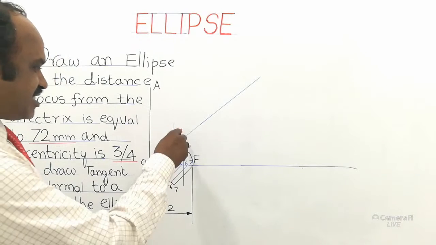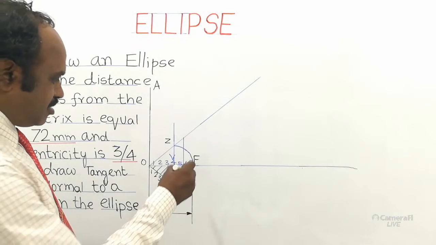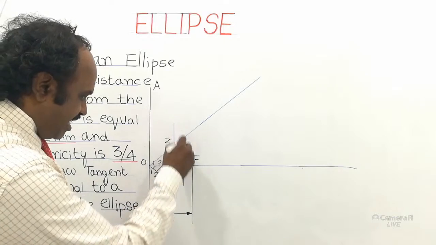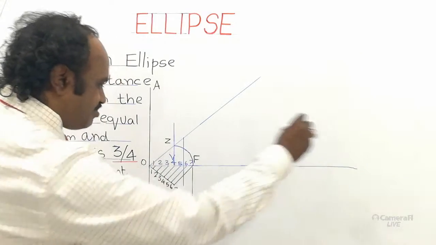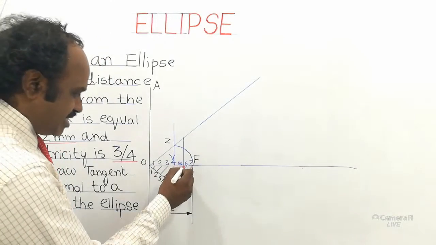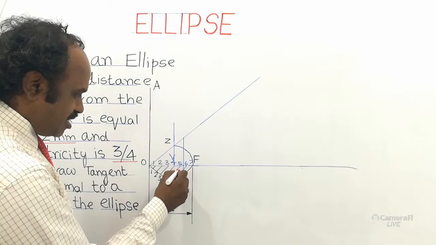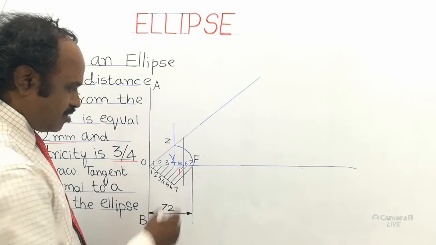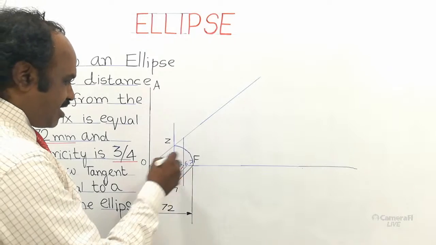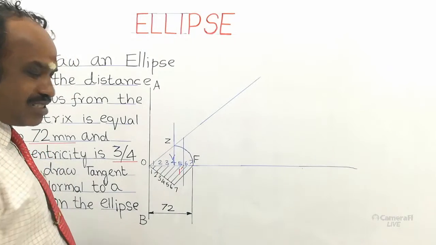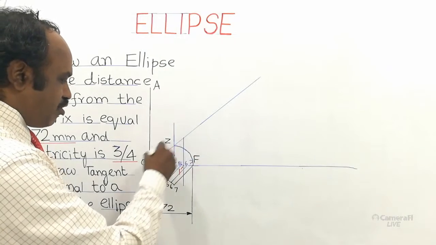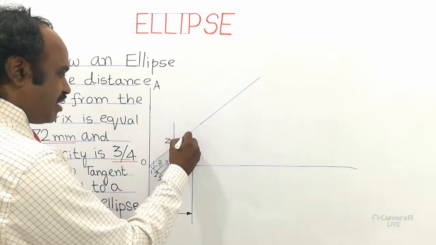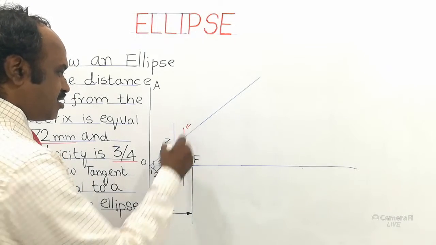For this first vertical line drawn, where it intersects with the axis of the ellipse, the horizontal line, this point shall be marked as say 1 dash. Already we gave 1, 2, 3, 4, so let it be 1 dash. In that line, where the OZ line touches, that point shall be marked as say 1 double dash.